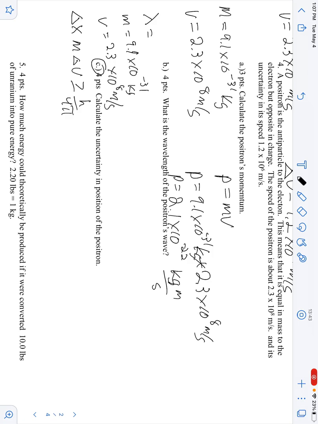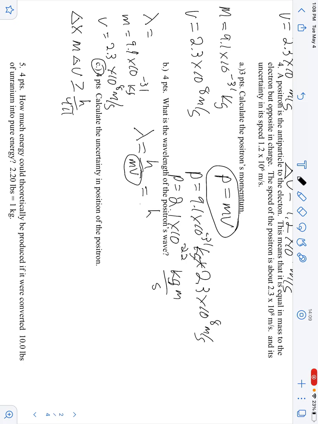Okay. So the equation that I could use is this one. And I could plug everything in there just fine. But a quicker way is to notice that mv is in the denominator, and another name for mv is momentum.